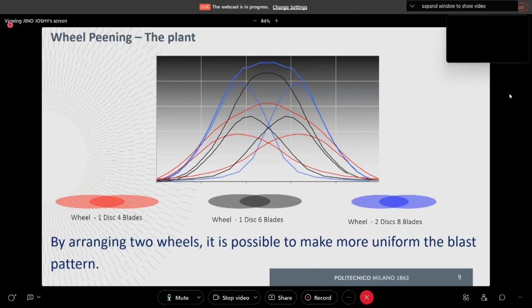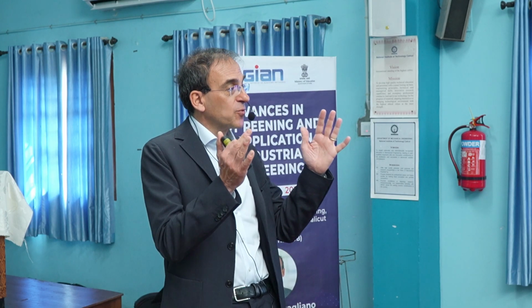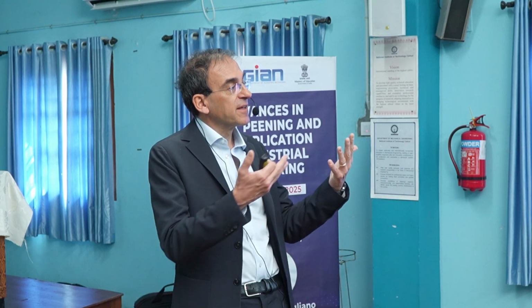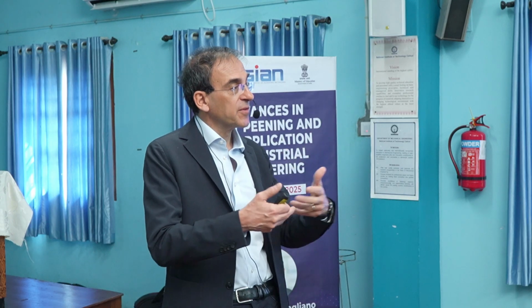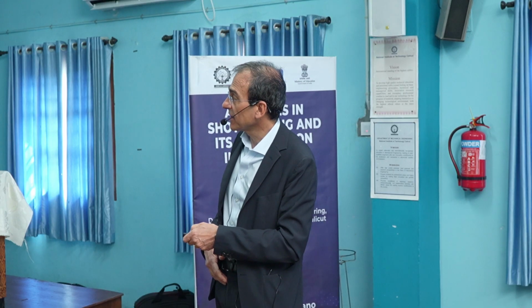Okay? If we are using more than one wheel, so two wheels in this case, we are able to make the treatment even more uniform. Why? By using two wheels in such a way that the overlapping of the two projections is something like this.